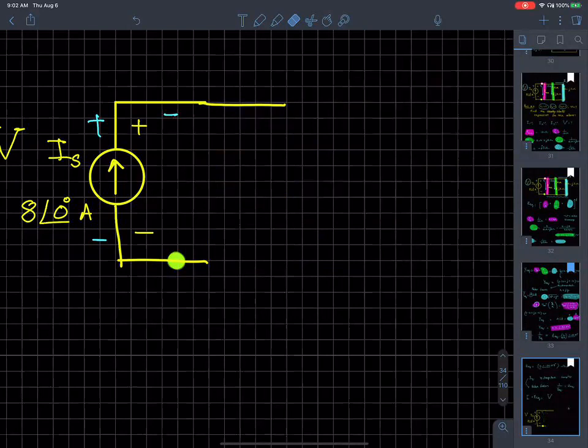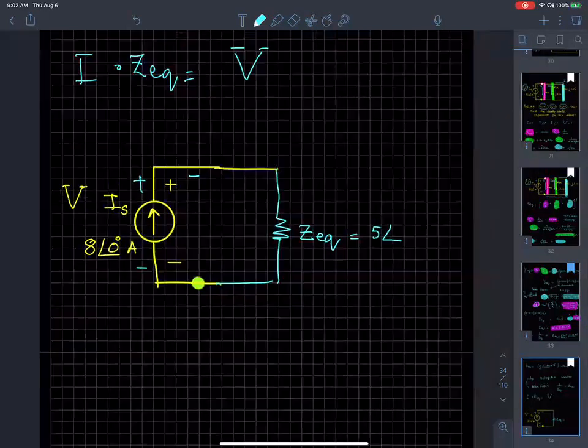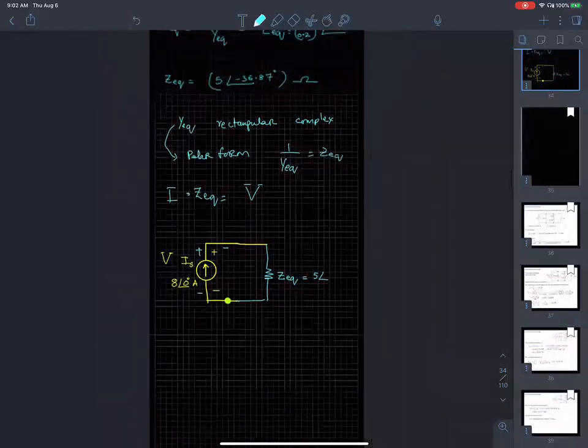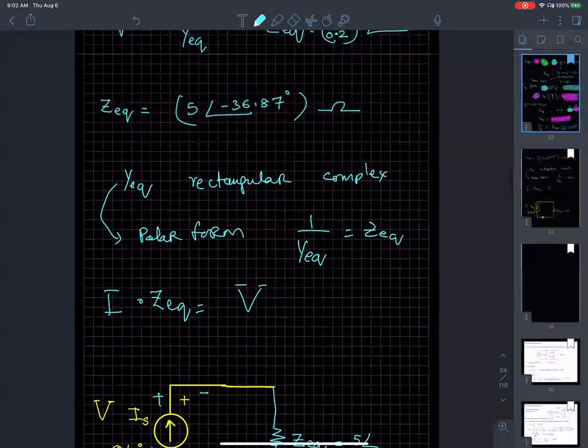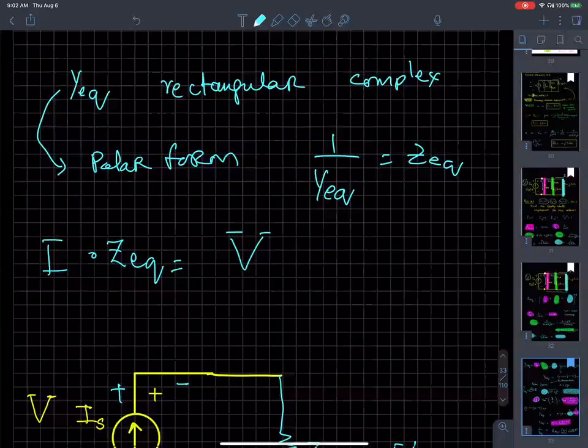To find the Z equivalent, I had to do the parallel simplification. Its value is 5 angle negative 36.87.